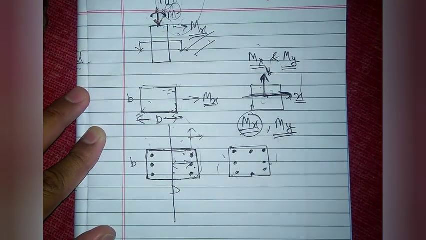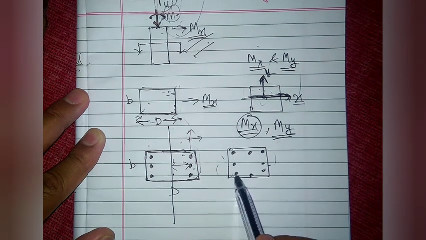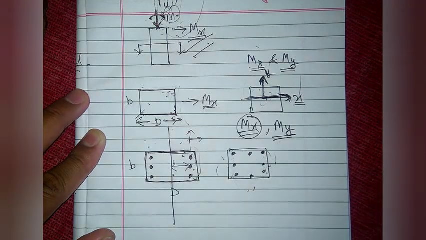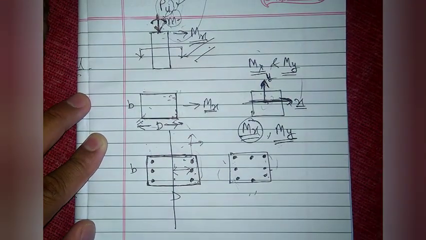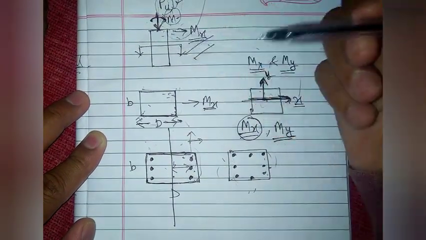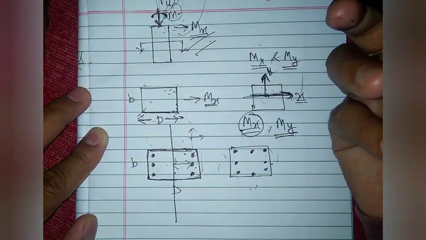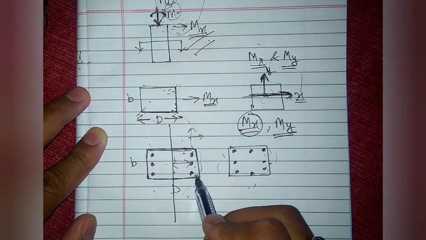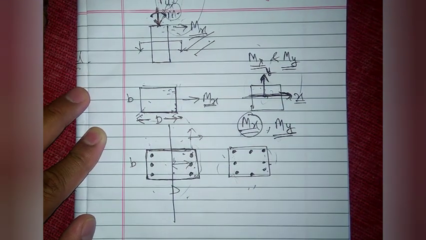For axial load alone, we can provide the reinforcement like this, but for axial load plus moment by uniaxial bending, we provide the reinforcement in this manner. So I hope you understood this.